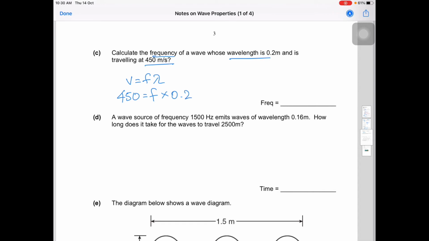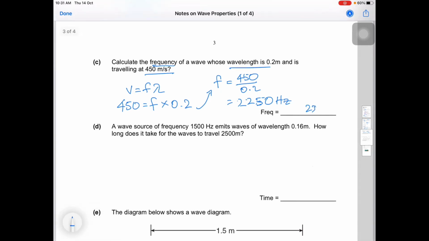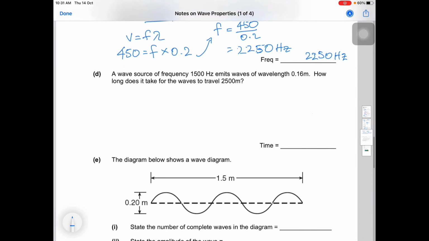So let me whip out my calculator. Frequency is 450 over 0.2, and this gives me 2,250 hertz. Remember, frequency is measured in hertz. 2250 hertz. Okay, let's go on to part D.